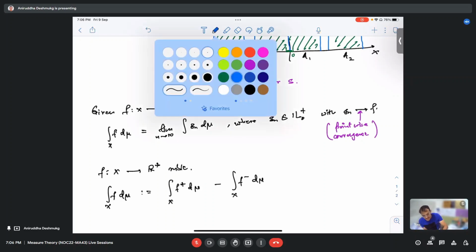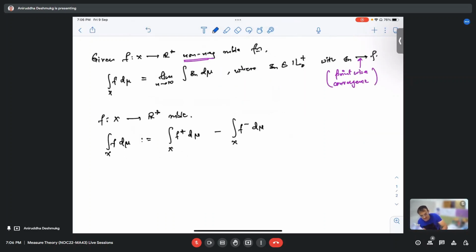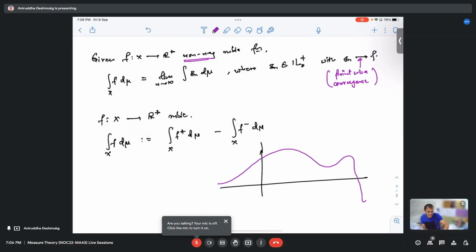Again, this is quite natural. Why? Because let us look at, I mean, not simple function as in the sense of simple functions we have defined. Suppose this is our function. Somewhere it goes below.